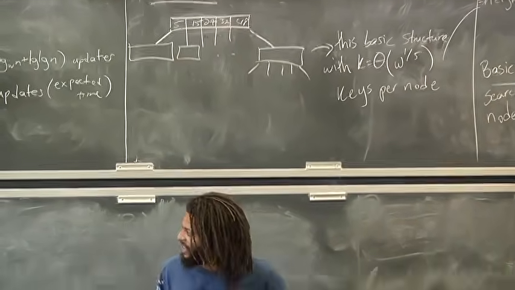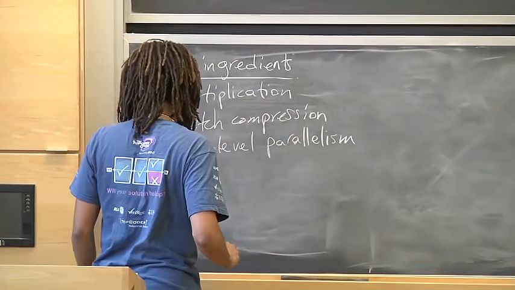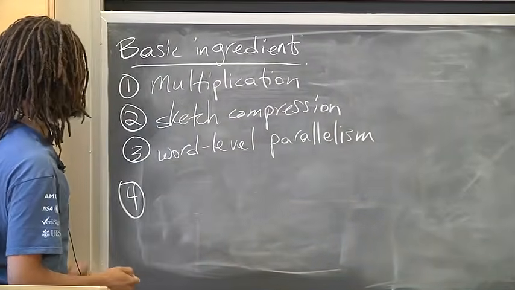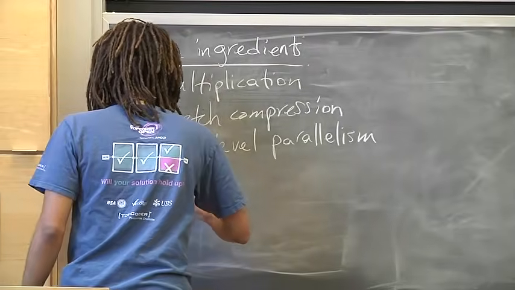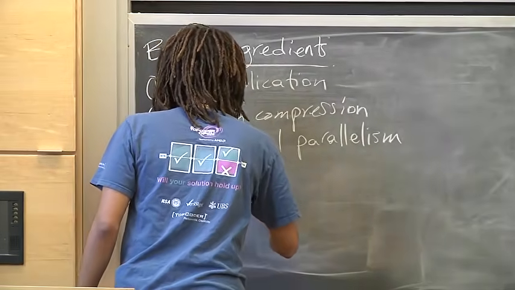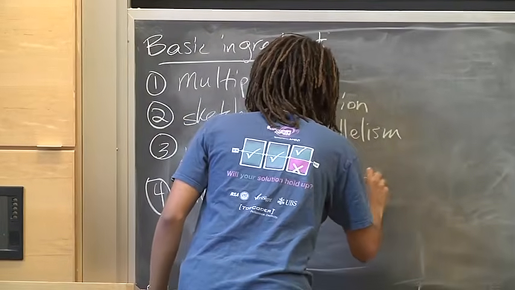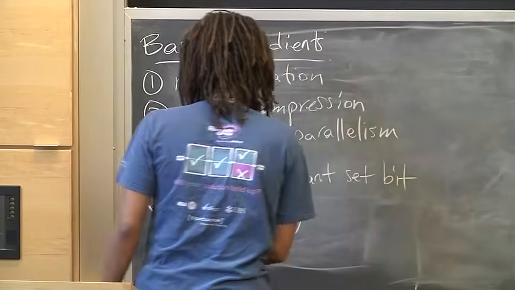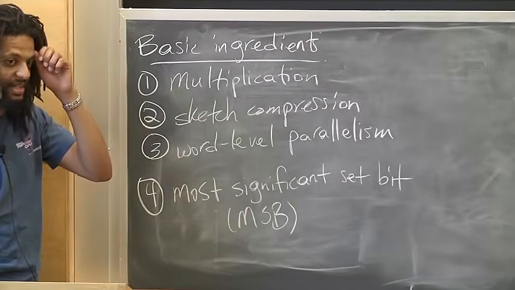And somewhere in there, there's going to be a very basic subroutine we're going to need, which is the most significant set bit. We're going to show that we can do this quickly and that we can use it to do some of the other things we want to do.